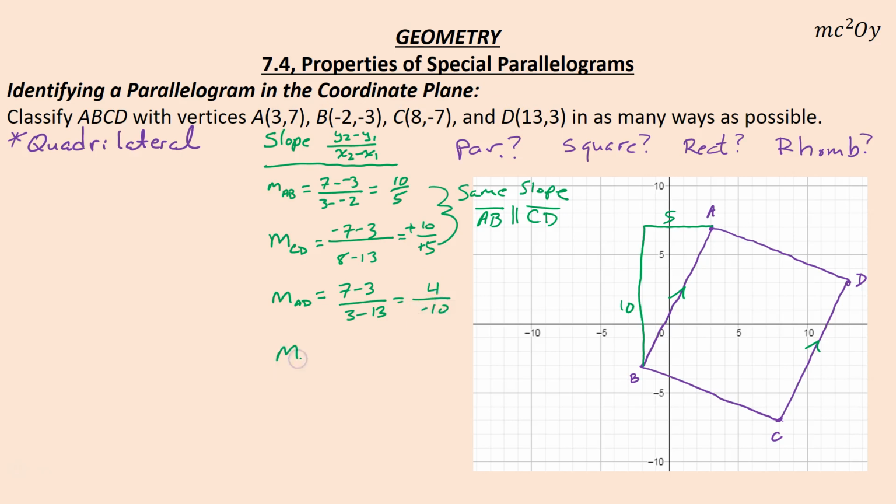And then the slope of BC, again, I have negative 3 minus negative 7 over negative 2 minus 8. And that gives me a grand total of 4 over negative 10. Again, same slopes. So AD is parallel to BC.